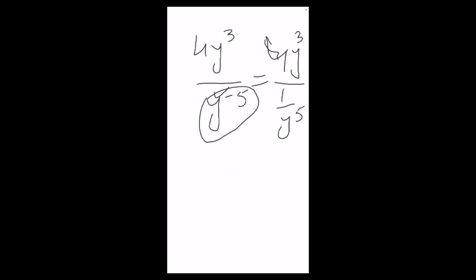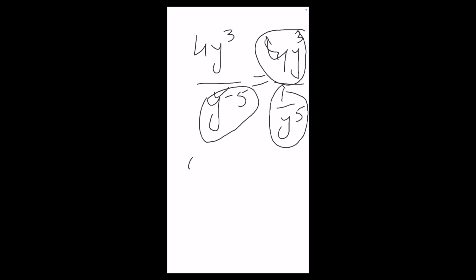Now I told you to make the same denominator. See, if this fraction has a division, then obviously we have to make the denominator here as well in order to simplify it.